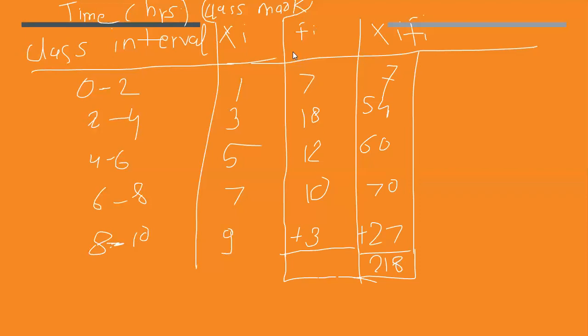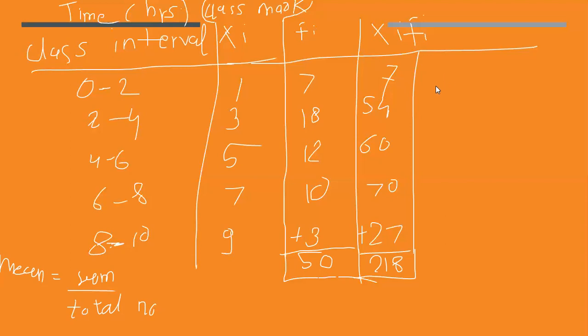And if we add the total number, I mean here it is not product, it is students. So 7 plus 18 is 25, plus 12 is 37, plus 10 is 47, plus 3 is 50. Because if you know, mean is the sum of the desired thing upon the total number of the data we are interested in.